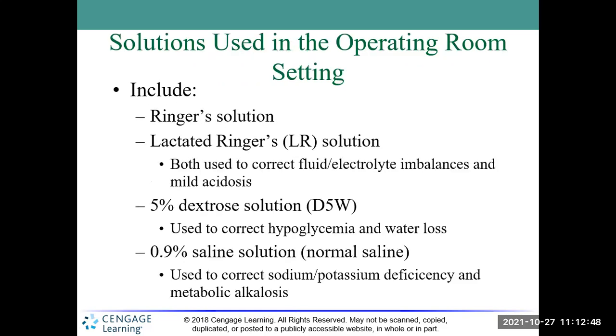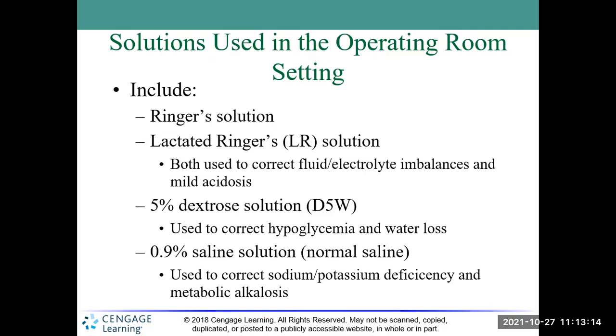All right, solutions that are going to be used in the OR setting. So we're talking about different IV solutions. Ringer's solution and lactated Ringer's both contain electrolytes, and both will be used in situations where there's an electrolyte imbalance or a fluid imbalance, or if there's some mild acidosis. Now, D5W is 5% dextrose.